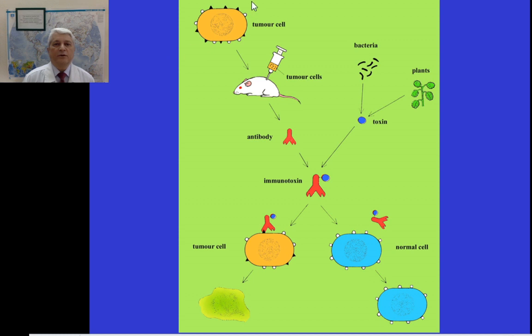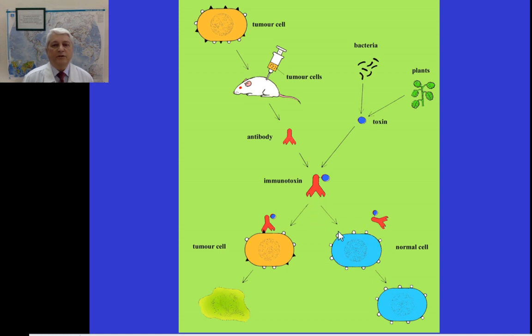So once more, patient with tumor, we use tumor cells for immunization. After immunization, we receive by hybridoma technique specific antibodies. Then we combine these antibodies with the drug, with the poison, which must kill malignant tumor cells. Then we inject this drug into the body of the patient.